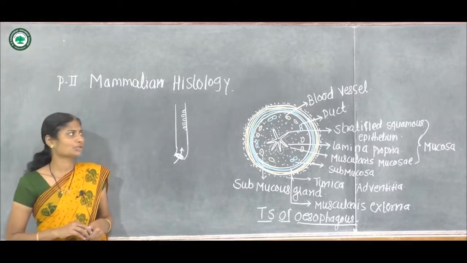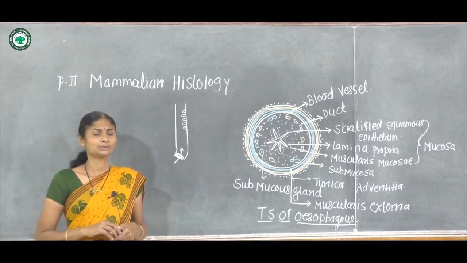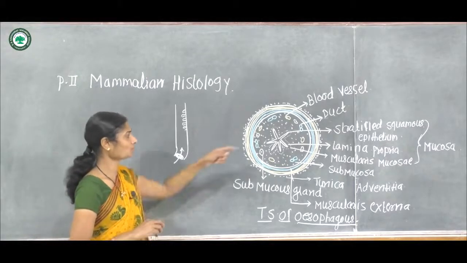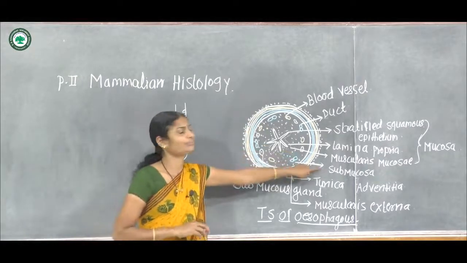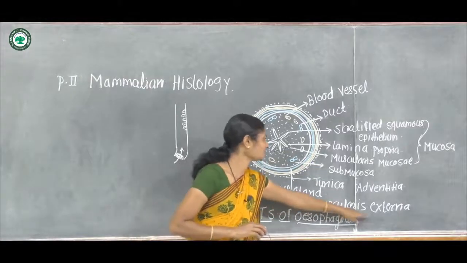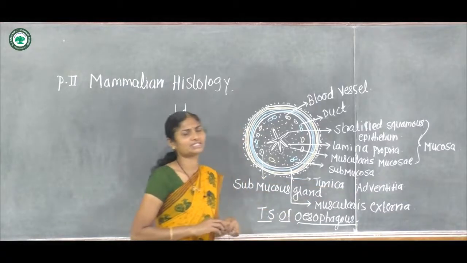Histologically the esophagus is divided into 4 layers. First layer is mucosa, second submucosa, third Muscularis externa, and fourth Tunica adventitia.